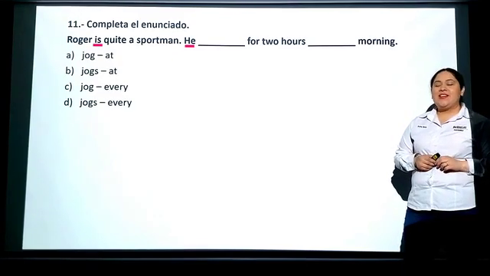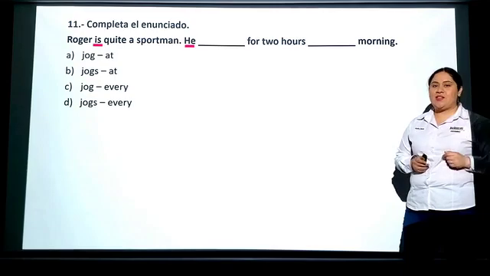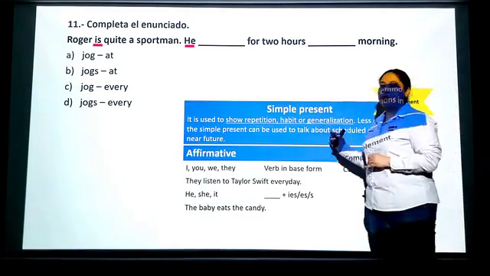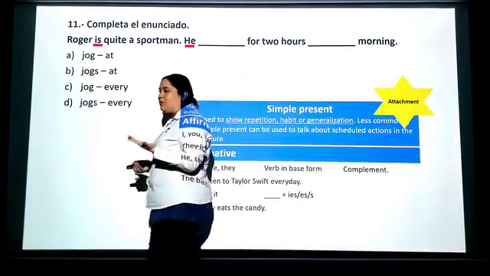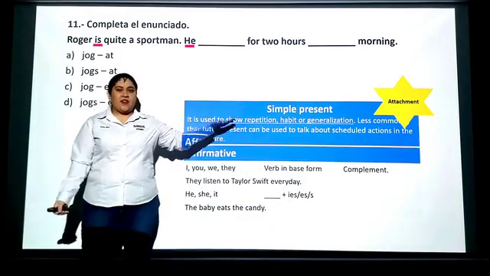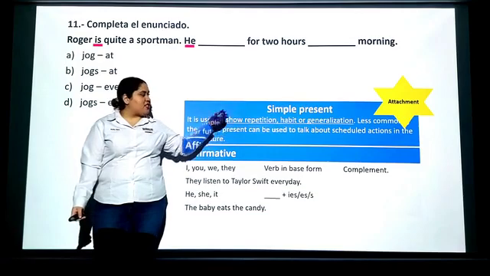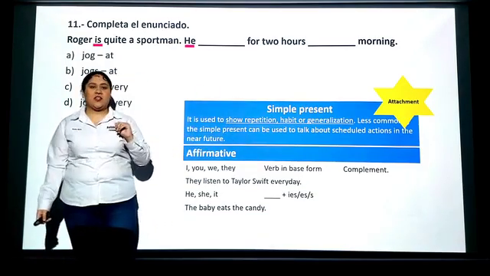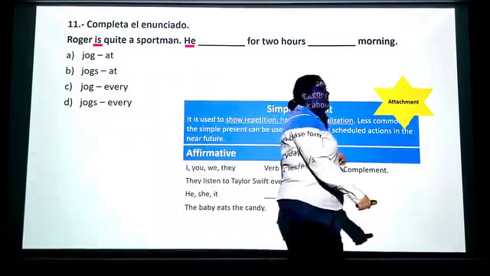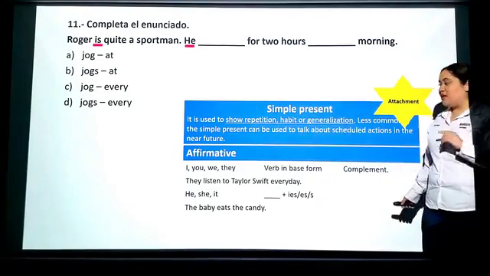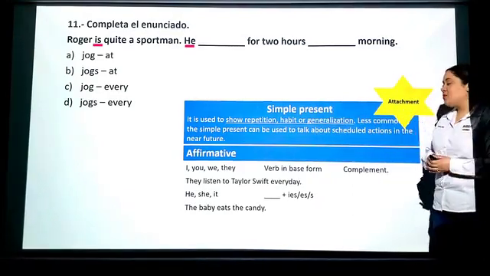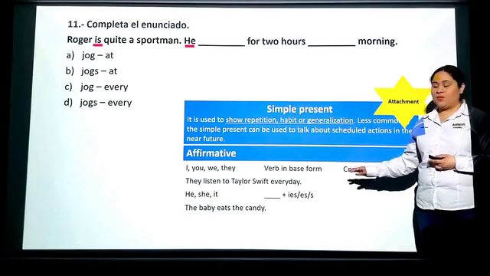Knowing this, let's pay attention closely to this one. Simple present. Simple present is used for these scenarios. It shows repeated actions, habits, or generalizations. Now, in this case, we're going to pay close attention to the pattern that it most follows.